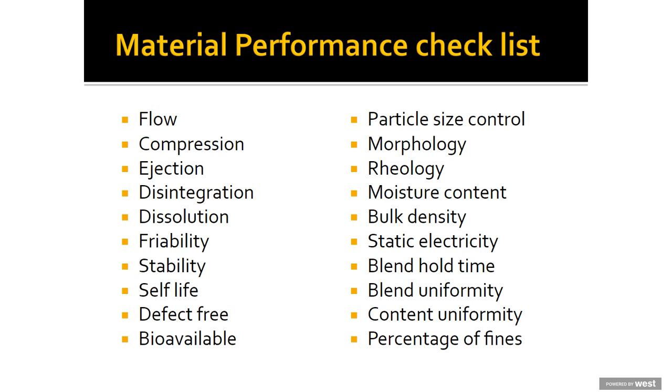Compression is thickness and hardness. Ejection has to do with the blend and the blend uniformity, and disintegration performance along with dissolution. So if I don't blend right, I'm not going to have good disintegration. I'm definitely not going to have good dissolution. So friability, stability. I have a spelling error here. Sorry, self-check. It meant shelf life.